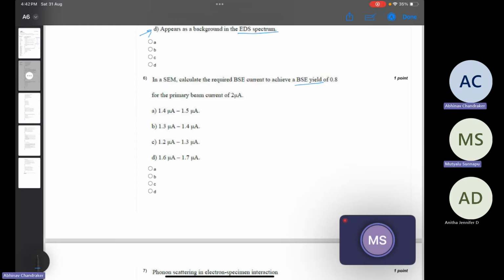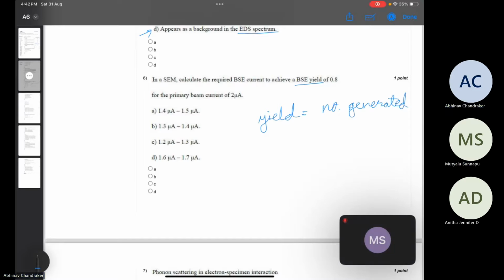Okay. Right. So I'll just explain briefly. Yield basically means the number of electrons generated or detected divided by the initial number of electrons. Here it is the primary electron beam.